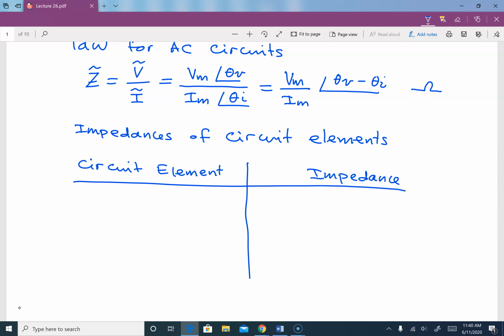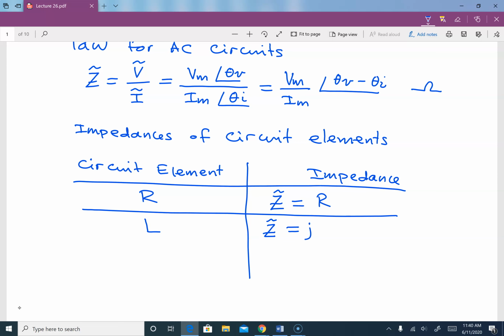So for resistance, which is R, the impedance of R is equal to the R value. And then for the circuit element, which is inductance, our impedance is equal to J omega L, which is equal to J 2 pi FL.